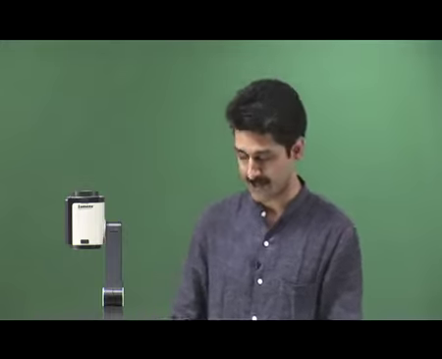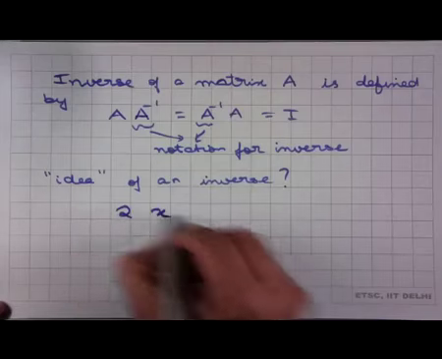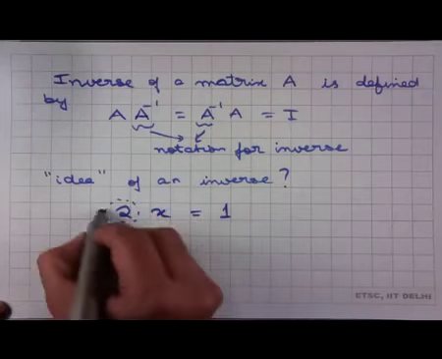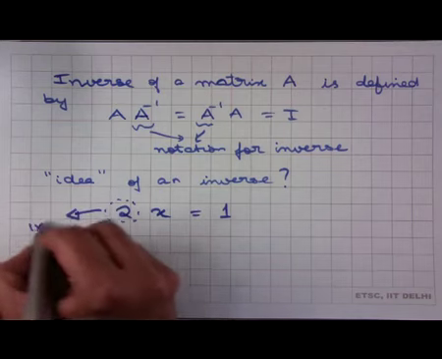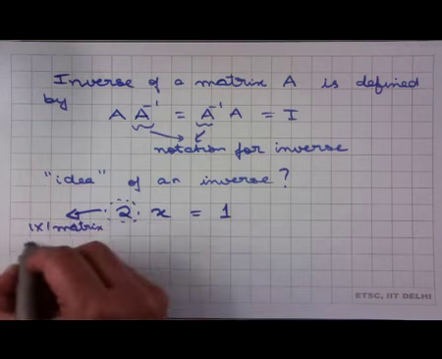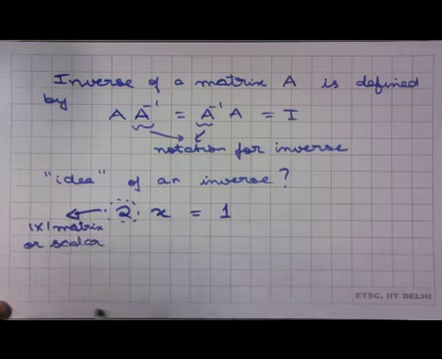For many of us it might be very straightforward: 2x equal to 1 means x equal to half. But what is the underlying idea, and how is it related to matrix inverse? So, let us look at that. If you have an equation like 2 times x equal to 1, and this 2 you can think about as a 1 by 1 matrix or a scalar equivalently, how do we solve this?